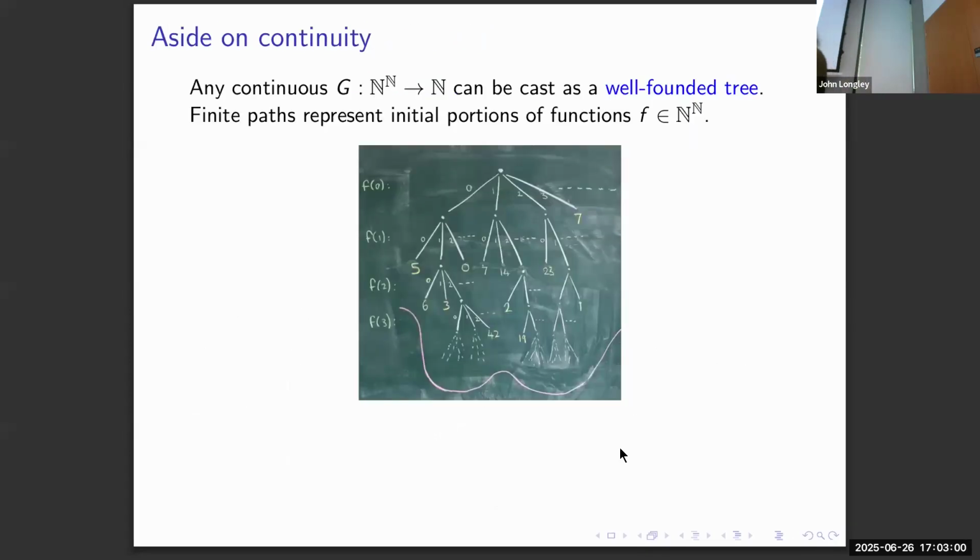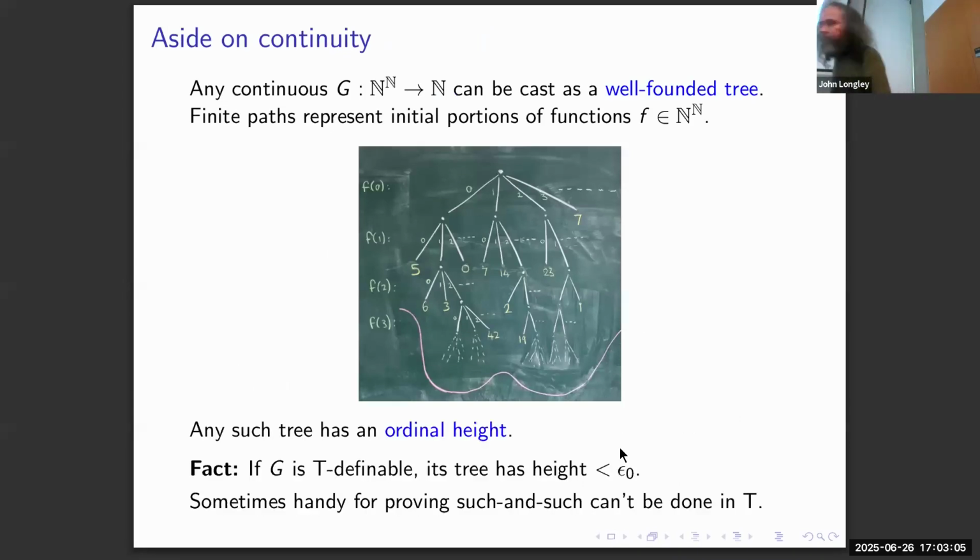And then on the other side, I mentioned a little connection with ordinals here. A continuous function you can think of as a well-founded tree: you take your paths of the tree, and when you've got enough information, you stop. To make the connection with the ordinal complexity, any well-founded tree you can obtain from a system T term like this has height less than epsilon 0.